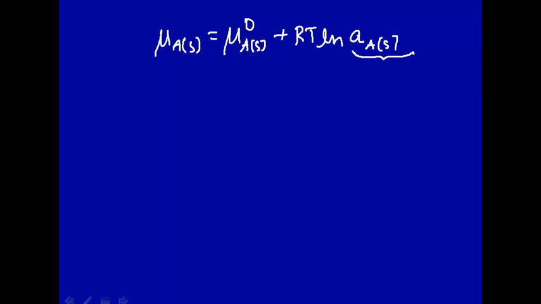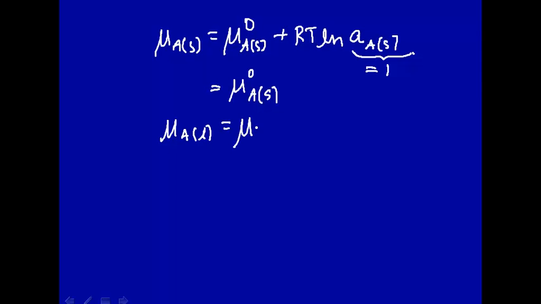And what we said was, if we have a pure condensed phase, pure A as a solid, the activity is 1 because that's our standard state, and therefore this term becomes 0. So the chemical potential of something in a solid state is just, as we expect, the standard state chemical potential in the solid state.